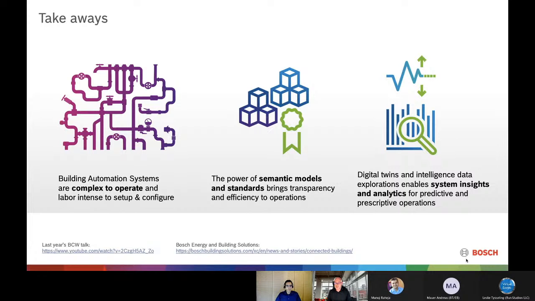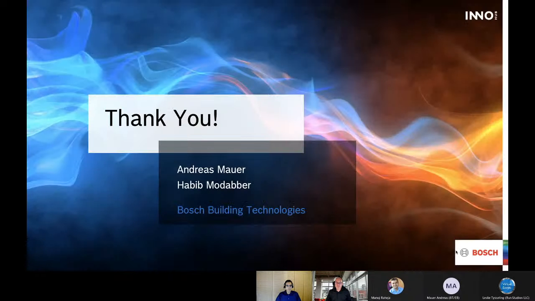This is a high value, and the combination of digital twins with intelligent data exploration enables these system insights and analytics for real predictive and prescriptive operations. So this is a real service that you've seen. We are rolling this out as we speak to pilot customers, and that's all that we have for you today. Thank you a lot for watching this, and all the best for you.